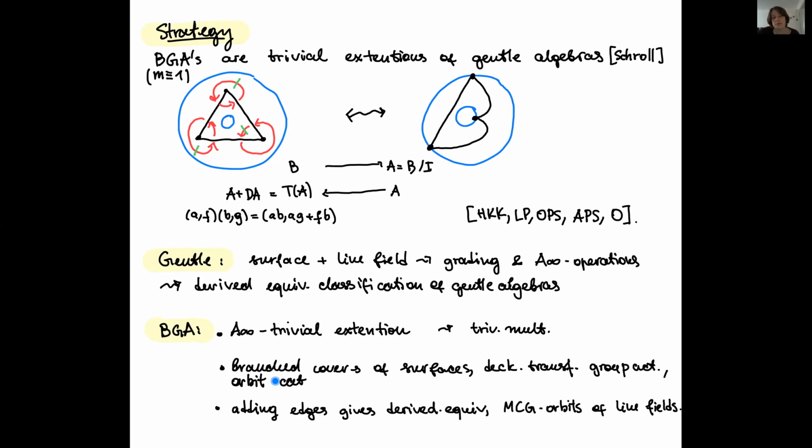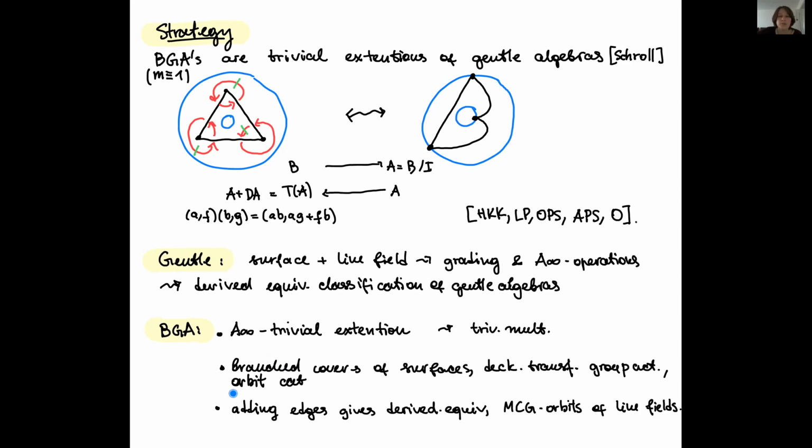This will give us a construction of a larger class of infinity algebras, which contains the class of Brauer graph algebras with non-trivial multiplicity. This can be considered as an infinity version of the work by Green, Schroll, Snashall, and Sashiba. So this was done for the usual Brauer graph algebras. These multiplicity-free covers of Brauer graph algebras were already considered.